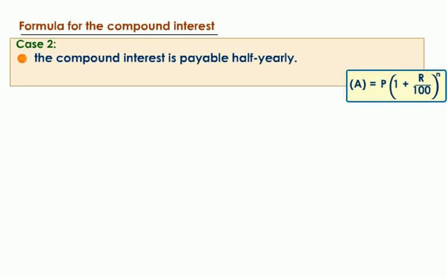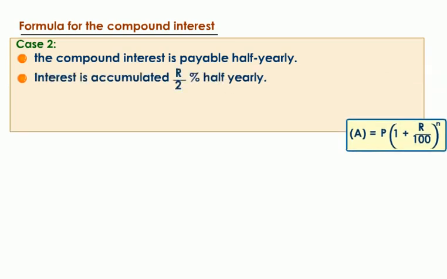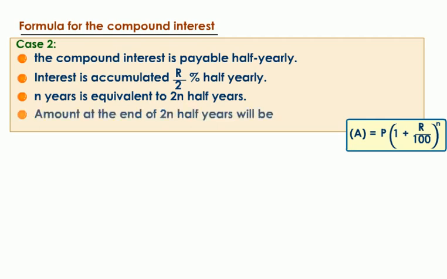The amount at the end of 2n half years will be amount equals principal into 1 plus rate divided by 2 into 100 whole to the power twice n.